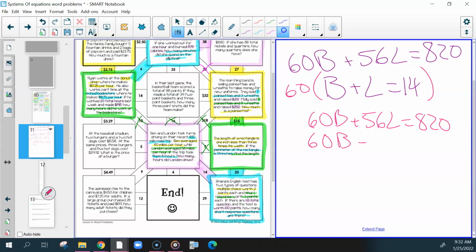I have a feeling that he drove for like 4 hours. Okay. What's 60 times 820? 4 is an option. I'm sorry, 60 times 14. 840.